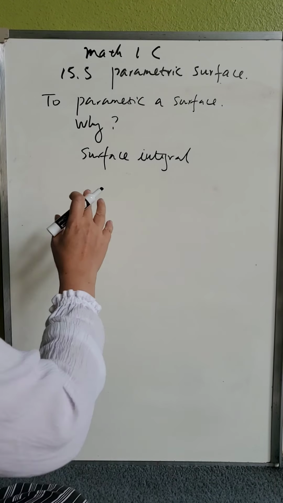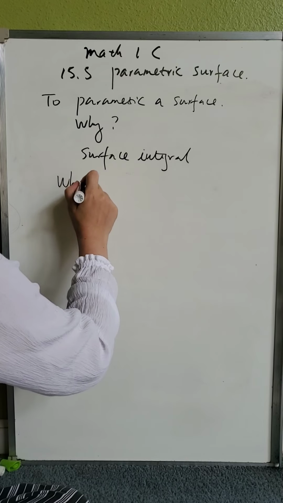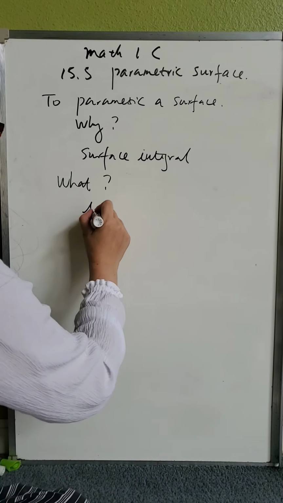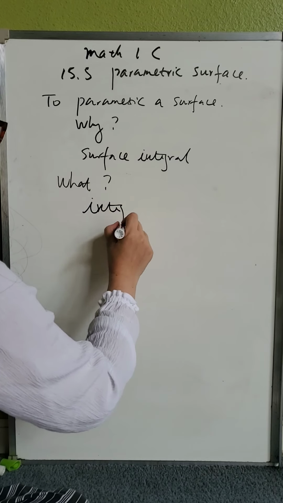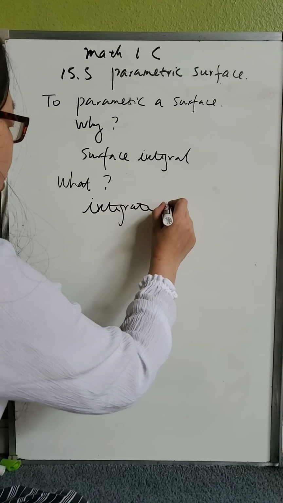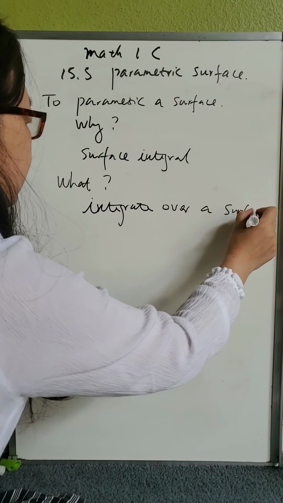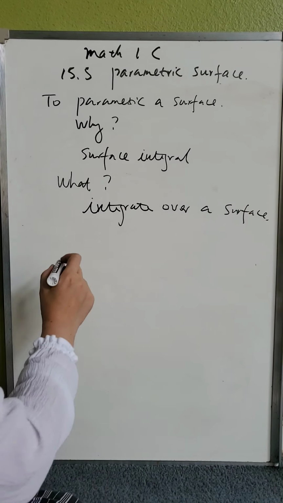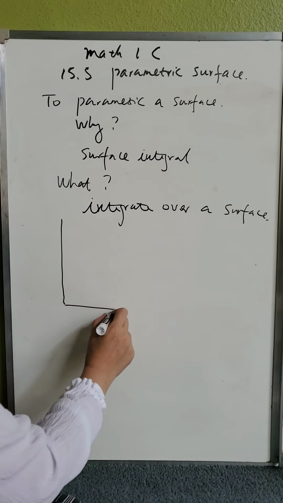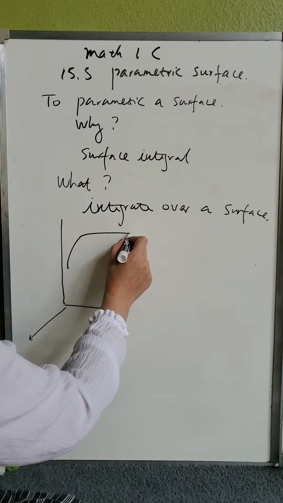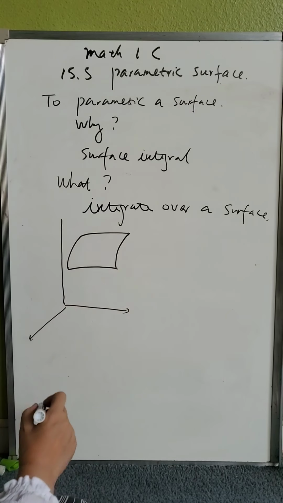And so what is the surface integral then? Surface integral means you integrate over a surface. So for instance, if I have a surface right here, and that's a surface, okay, it's a curve.